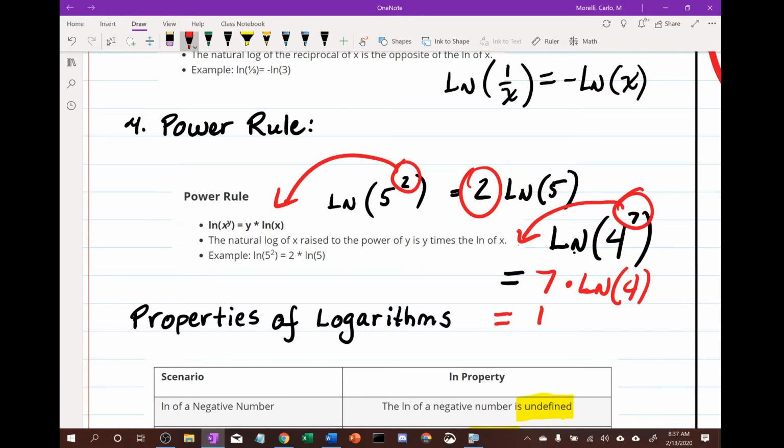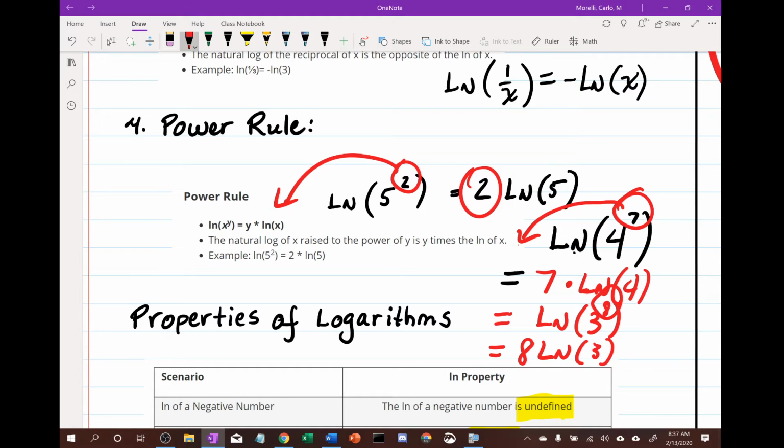Let's do another one. Dustin, give me a number between 1 and 10. Justin, give me a number between 5 and 10. Not 7. 8. So ln of 3 to the 8th, that would be equal to 8 ln 3. Okay.